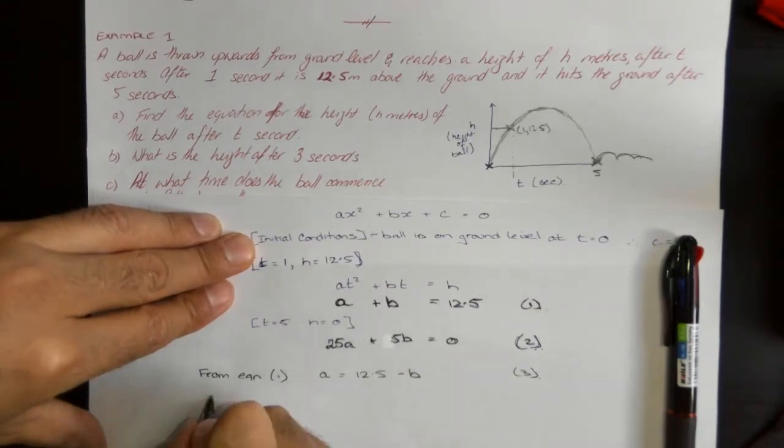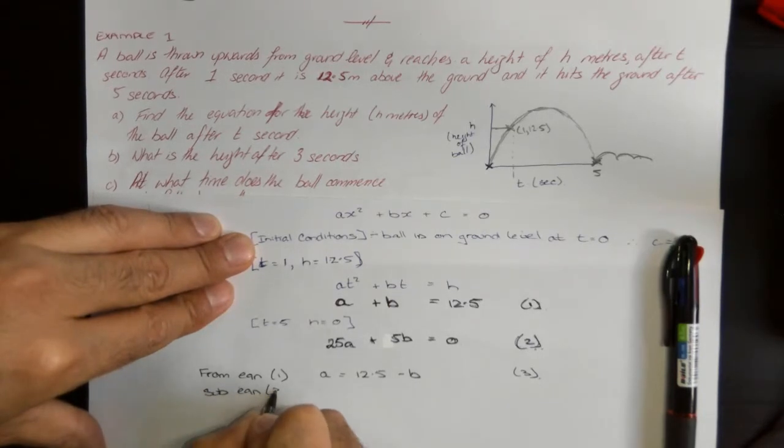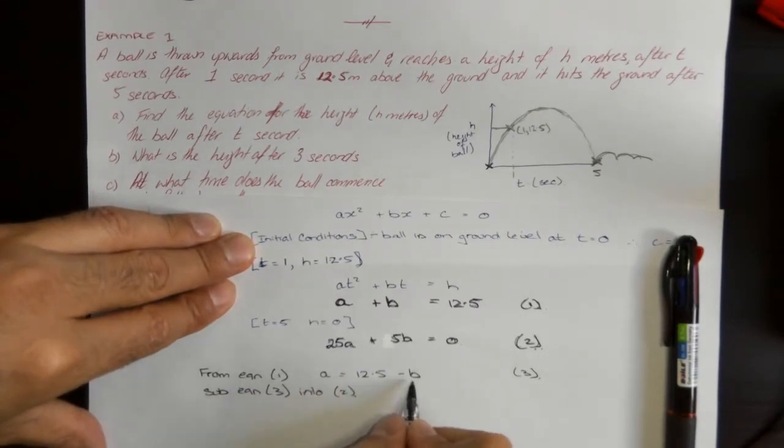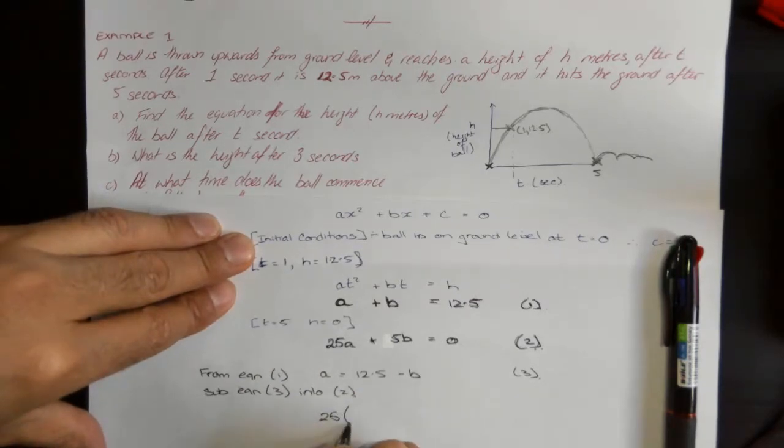Call that equation 3. And we're going to sub equation 3 into 2. So every time I see a, I'm going to replace it with 12.5 minus b. So I've got 25a, so I'm going to replace it with 12.5 minus b, plus 5b, and that will equal 0.